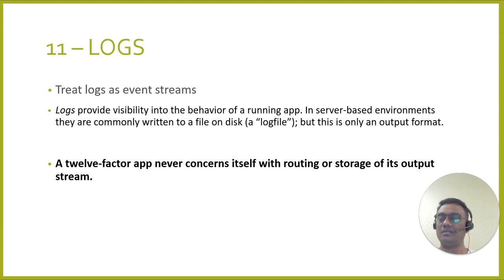The 11th 12-factor app is logs. We should treat logs as an event stream. A 12-factor app will not store any of the output streams itself. It will pass them on to a log file or to event streams, which send them to a log management environment or instances, and from there we could see the results in Kibana or Splunk, backed by Elasticsearch, and it can scale out as and when needed.